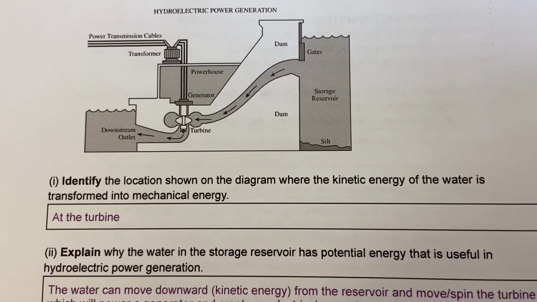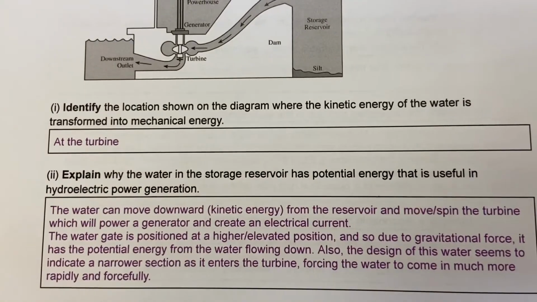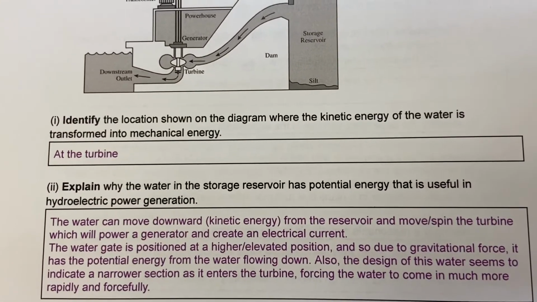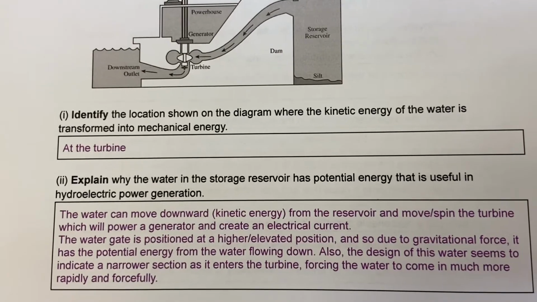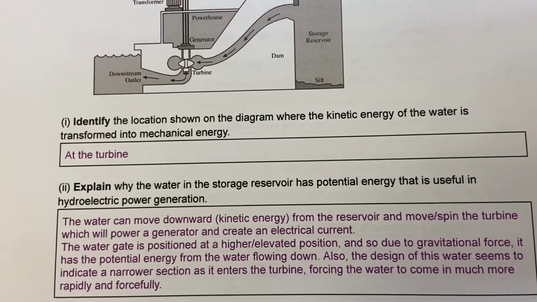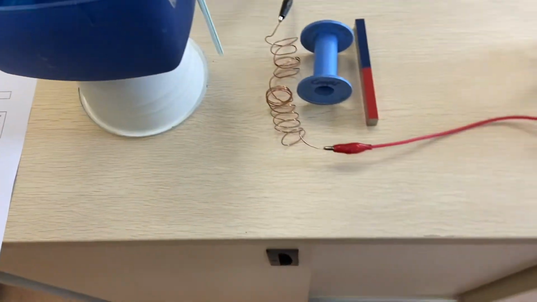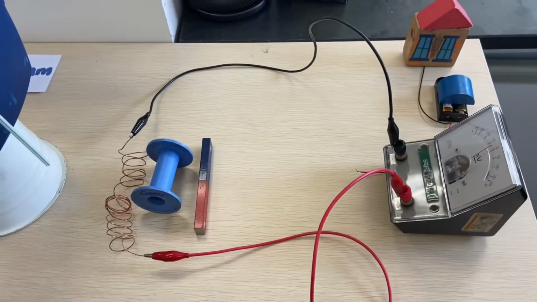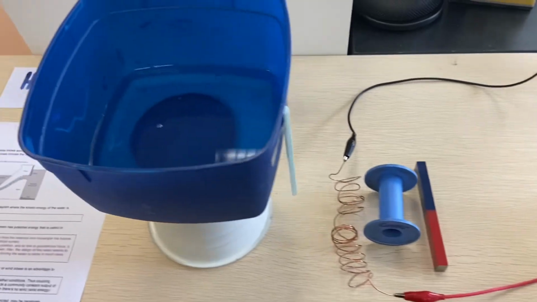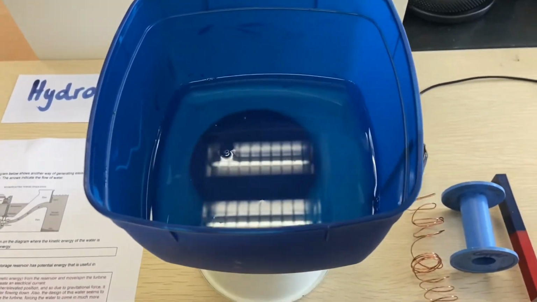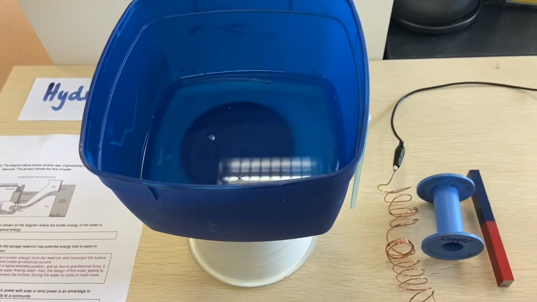Then it says, explain why the water in the storage reservoir has potential energy that is useful in hydroelectric power generation. In my model, which is just what I found in my laboratory, the ice cream container full of liquid is meant to represent the dam.